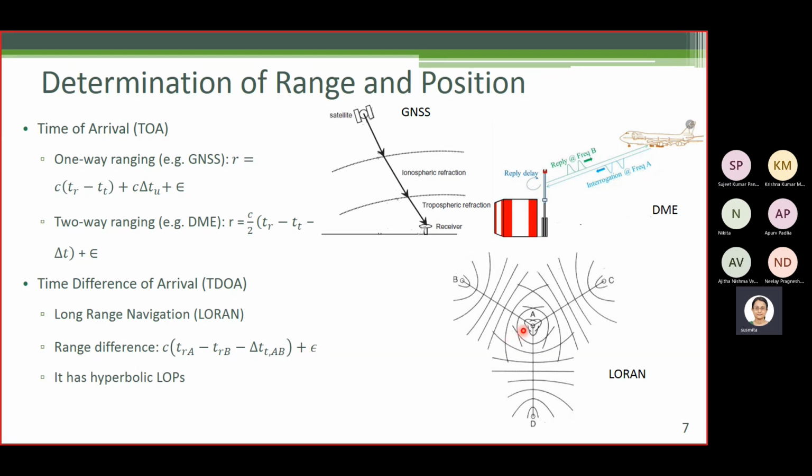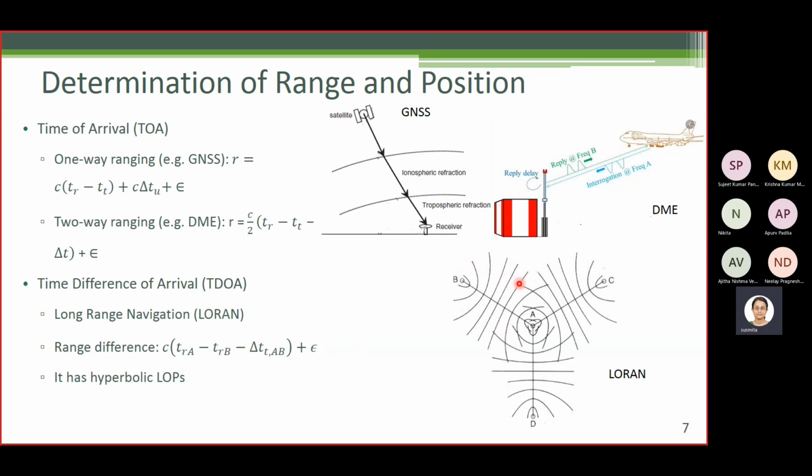So here we have a master and then 3 secondaries. Okay, so you just take the master and a secondary. So this is a master secondary pair. Connect them with a straight line, and then for constant range difference measurements you get all the hyperbolas.